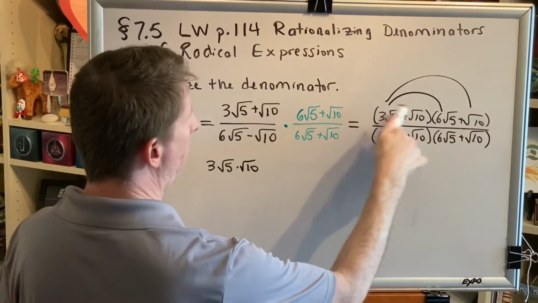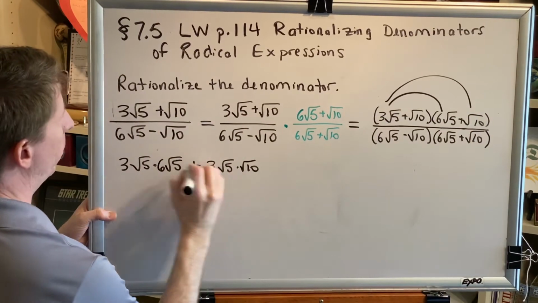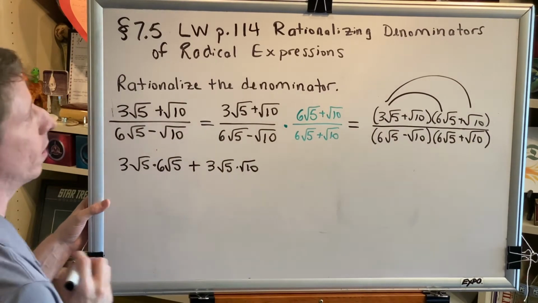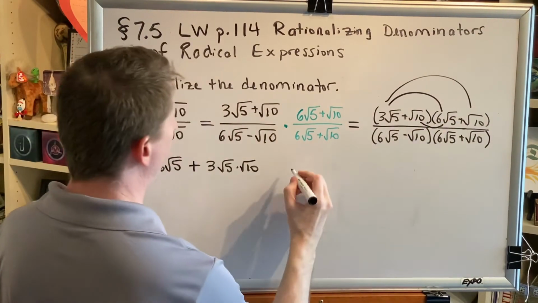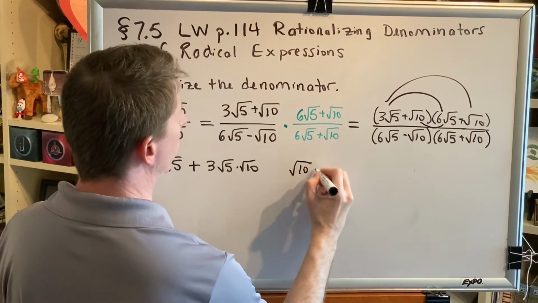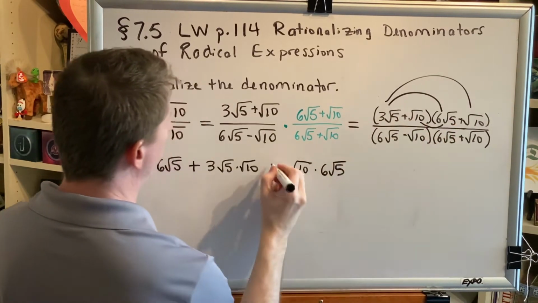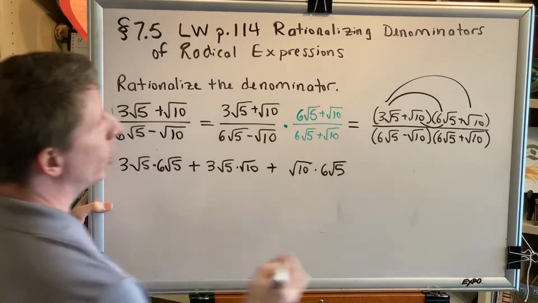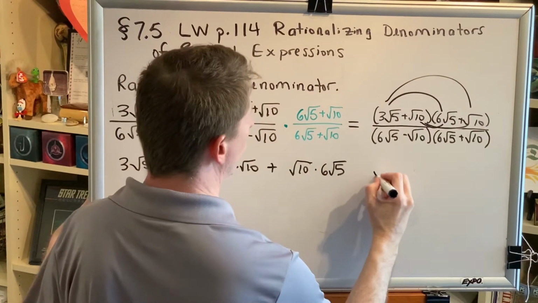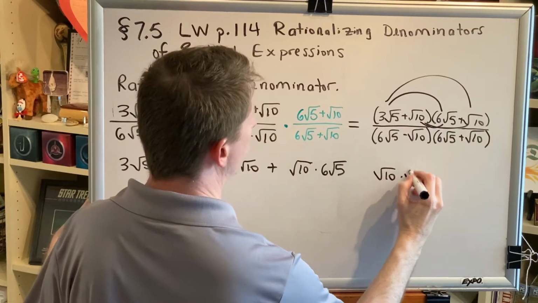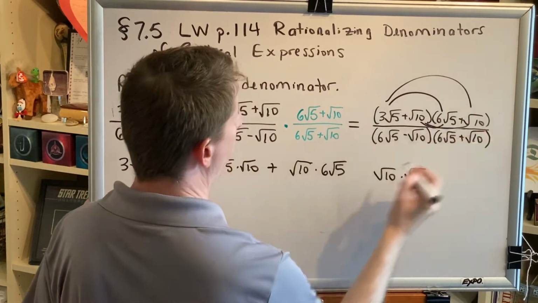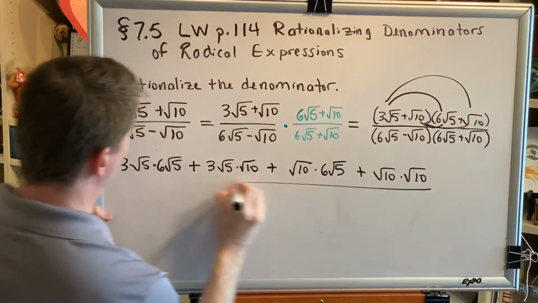And because this is positive and this is positive, we write plus as the sign that goes in between. Our third product is root 10 times 6 root 5. And because these are both positive, we write plus. Our fourth product is root 10 times root 10. And because they're both positive, we write plus.